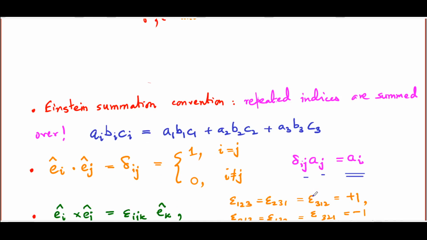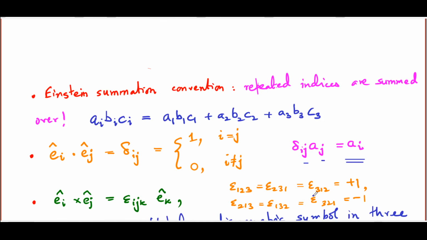Our next major player, the Levi-Civita epsilon symbol, epsilon ijk, was introduced through the cross product. If you take the cross product of two basis vectors ei and ej, the result is going to be a vector, so it can be expanded in terms of the basis vectors, and that expansion was written down in the following form: epsilon ijk e hat k.